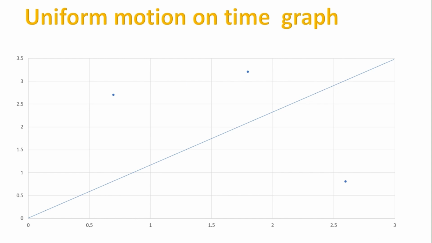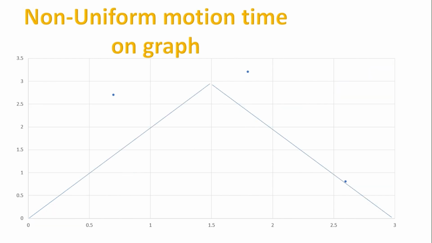Now we'll see the representation of non-uniform motion on the time graph. Non-uniform motion on a time graph is where it covers unequal distances in equal intervals of time. There is an equal interval of time, but not equal distances.